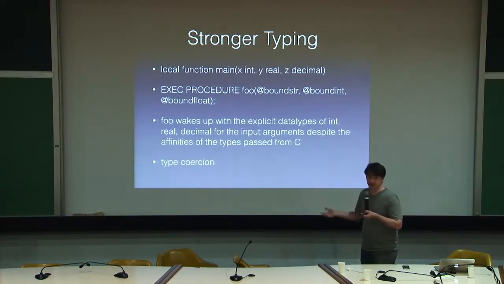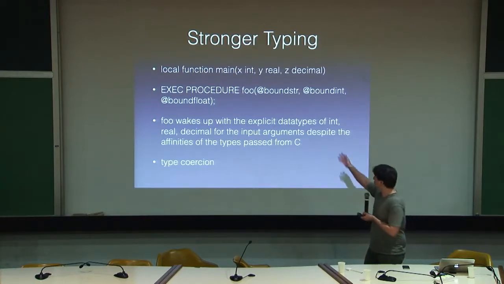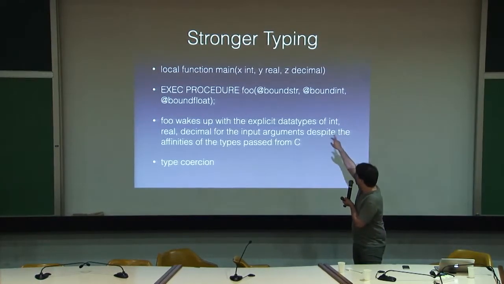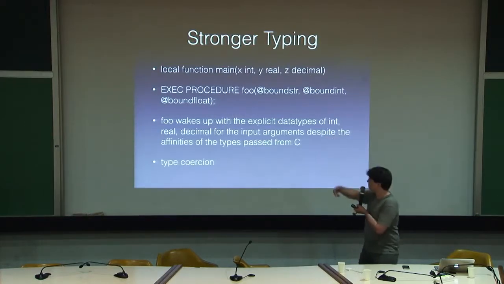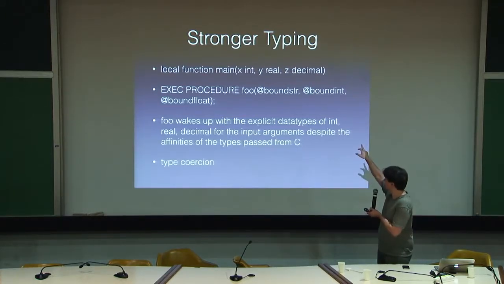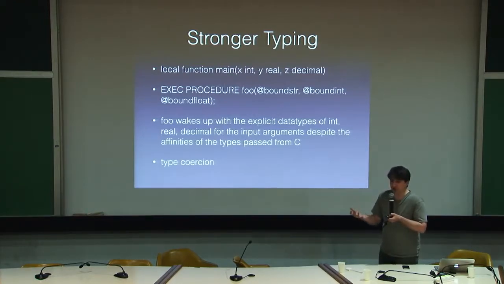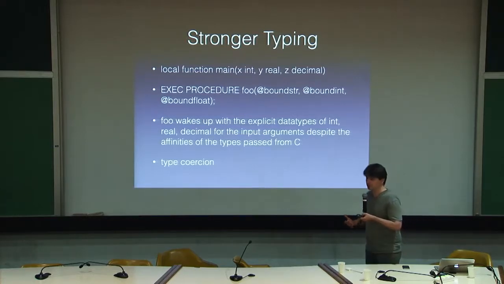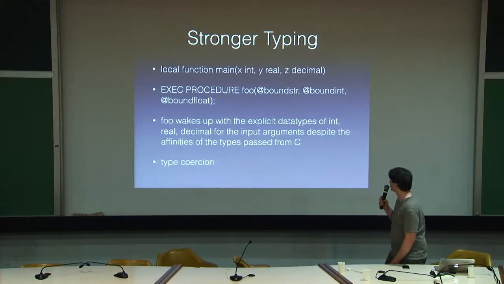We obviously took that from C. You specify the data types. These data types are what you will wake up with regardless of what comes in. So there's a layer of type coercion now that will occur. Regardless of what is passed into you, because you've coded in this way, you know that the input can't change on you depending on who calls you. So again, that gives you a more rigid notion of typing for the style of programming we were looking for, at least.